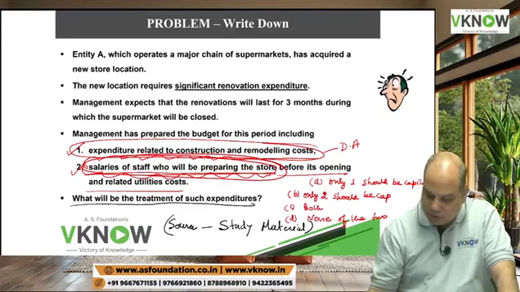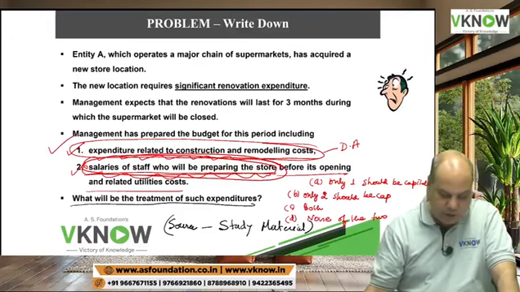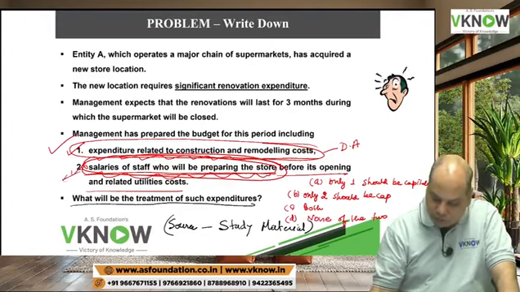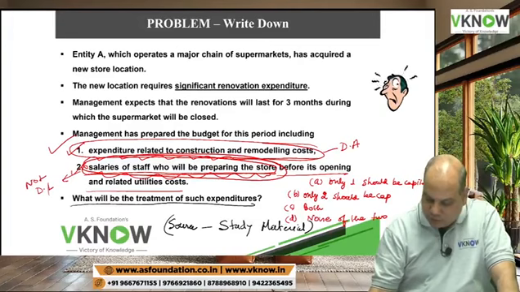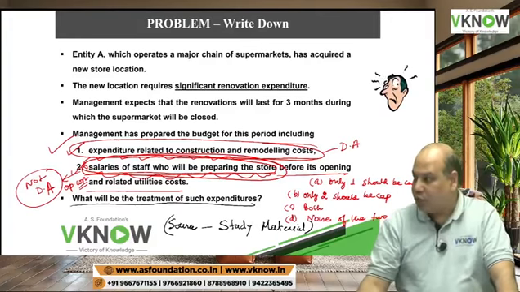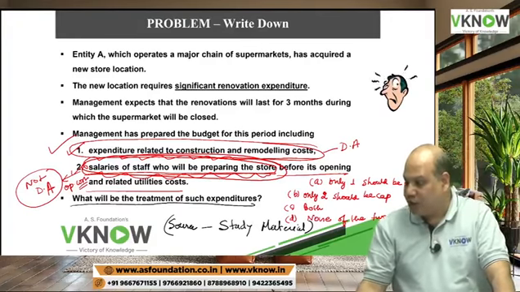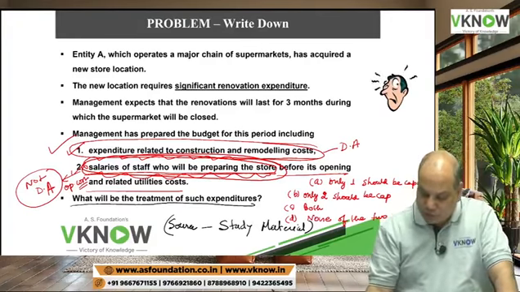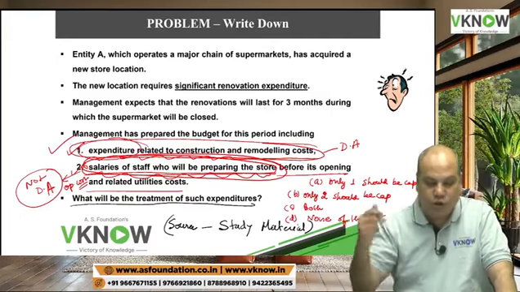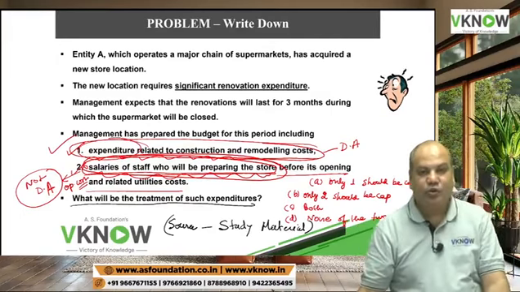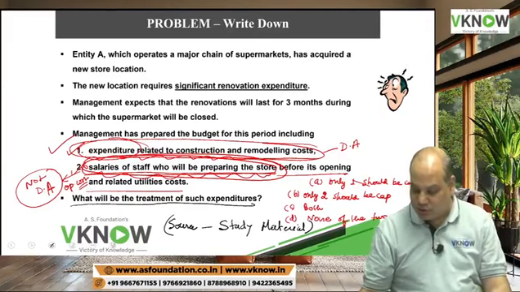So the answer is only one will be capitalized. These costs are not directly attributable. These are operating cost to operate the business. Whereas this cost is cost incurred to bring the asset to its desired location and condition.